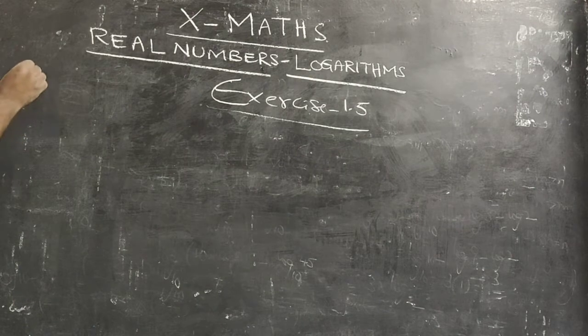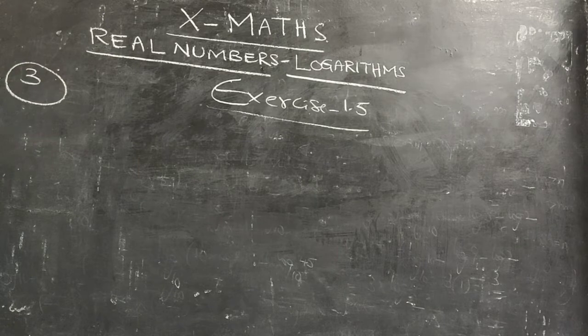Write the third problem. Evaluate the following in terms of x and y, if it is given that x is equal to log 3 base 2 and y is equal to log 5 base 2.